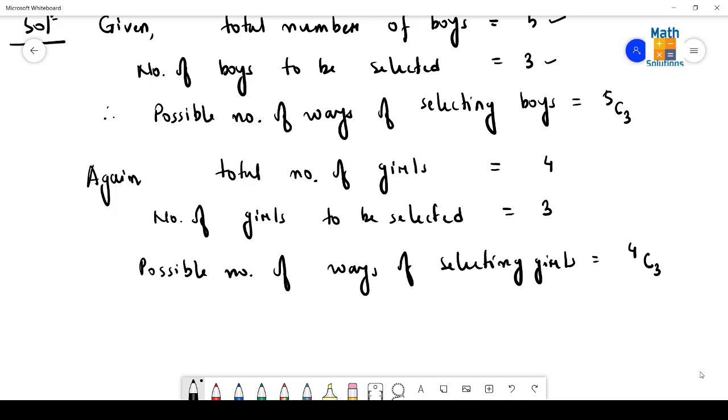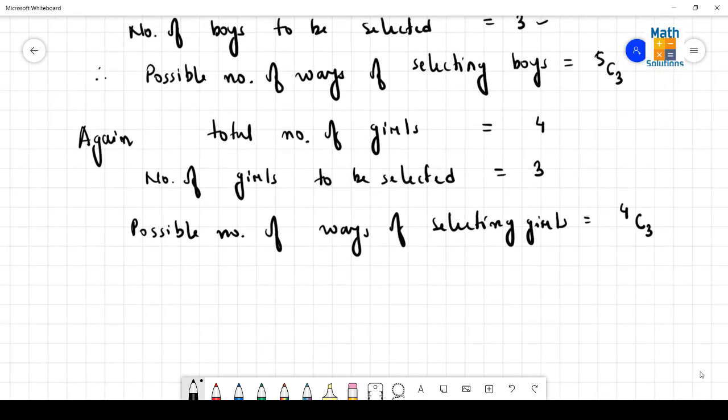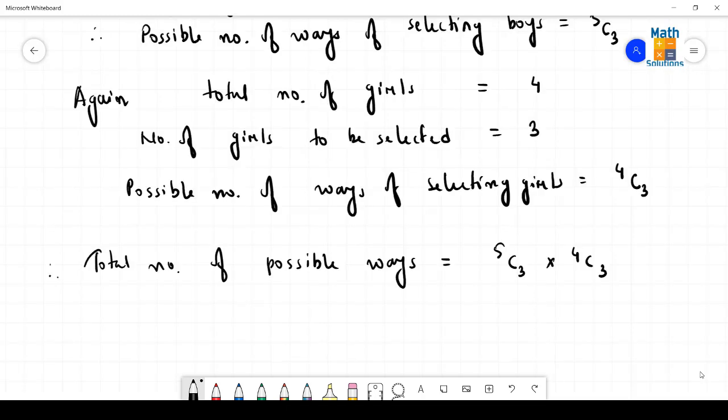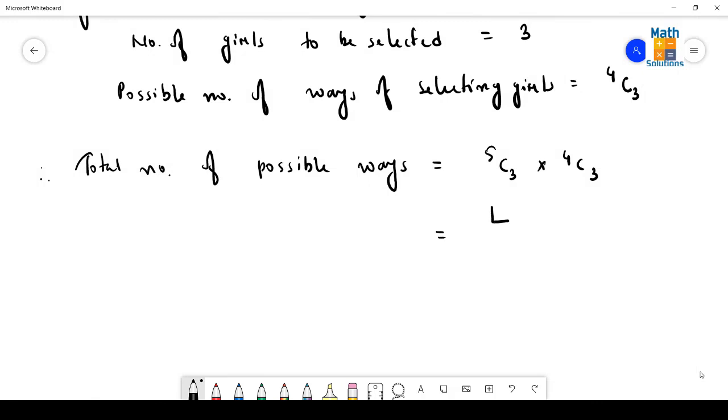So after this, what do I have to write? The total number of possible ways of selection of boys and girls. Where there is 'and', there is 'into'. So we shall write here total number of possible ways equals 5C3 into 4C3. So what we shall get here after reduction: 5 factorial divided by 3 factorial 2 factorial, into 4 factorial divided by 3 factorial 1 factorial.